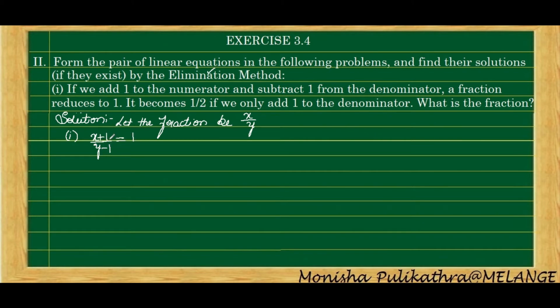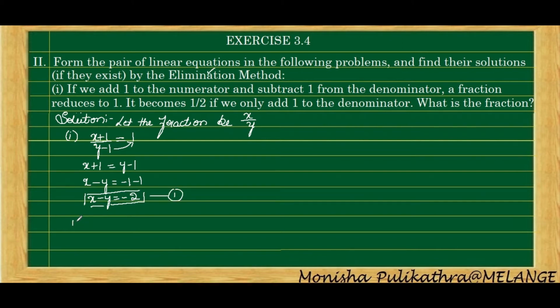So this is the first equation where we have to simplify it to make it as an equation, like ax plus by is equal to c. So x plus 1, cross multiply, is equal to y minus 1. X, I will be shifting y this side, minus y is equal to minus 1 minus 1. X minus y is equal to minus 2. So this will be the first equation.